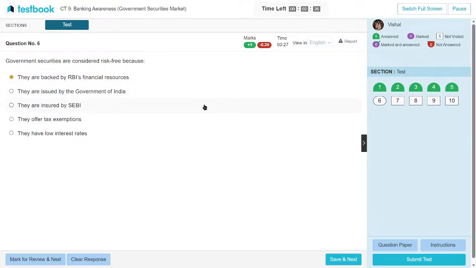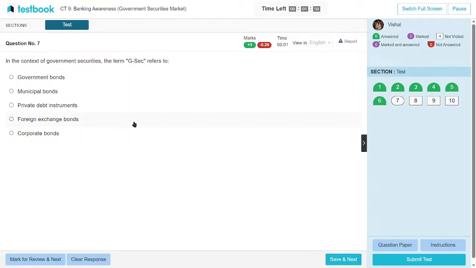Considered risk free because this could be the right answer, I thought.